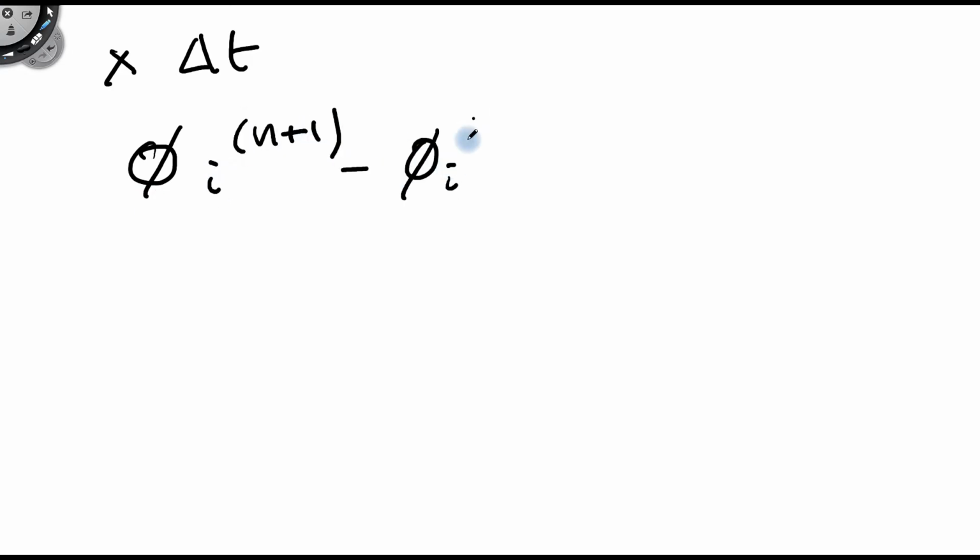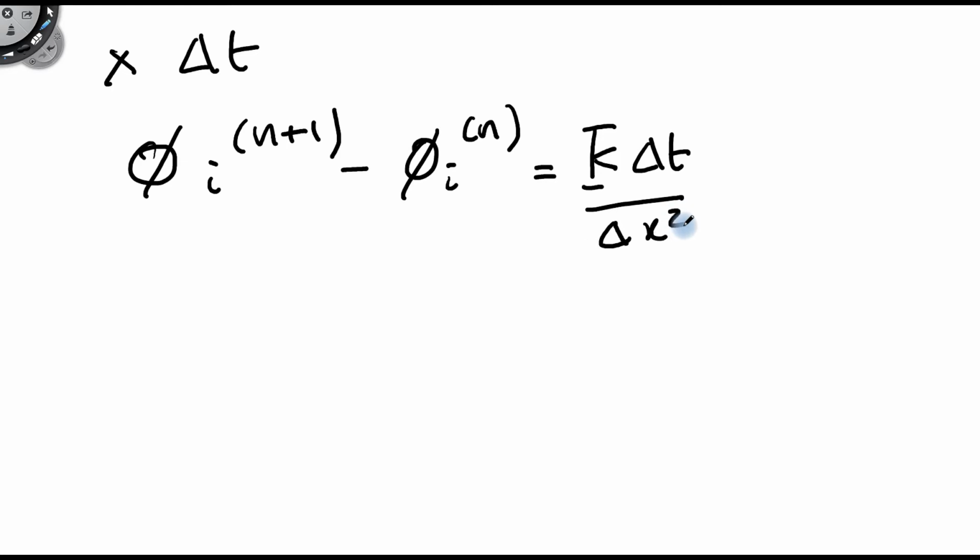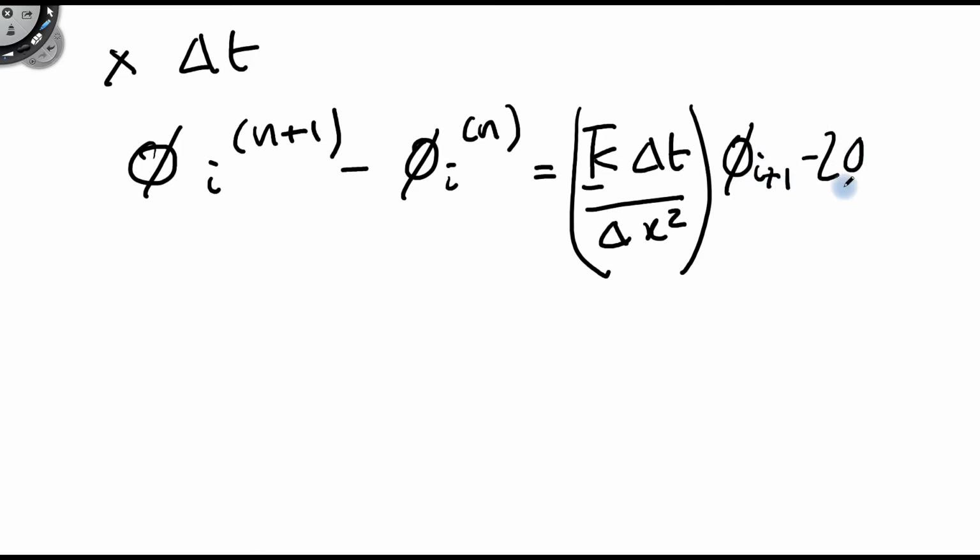If we multiply through by delta t in that previous equation, we end up with phi I n plus 1 minus phi I at n equals k delta t over delta x squared, taking out these factors, phi I plus 1 minus 2 phi I plus phi I minus 1, and then we'll do it all at n plus 1 here.